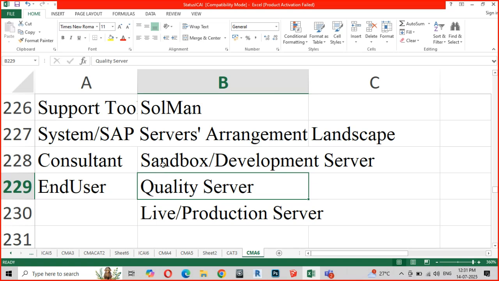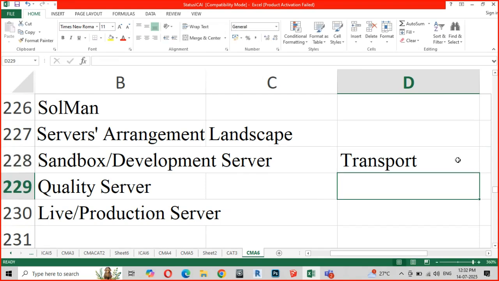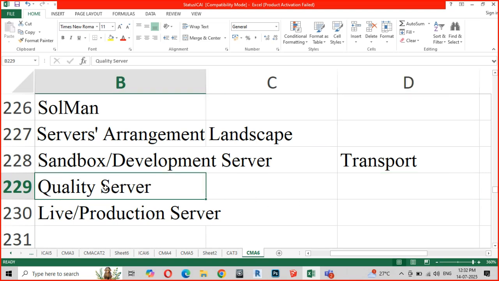So whatever solution has happened in this development server moves to the quality server through something called a transport. This is a technical concept. What happens here is I have worked on a solution. I have developed a solution. I need to move the solution to this particular place, to the quality server.